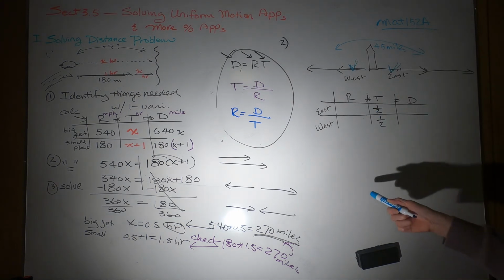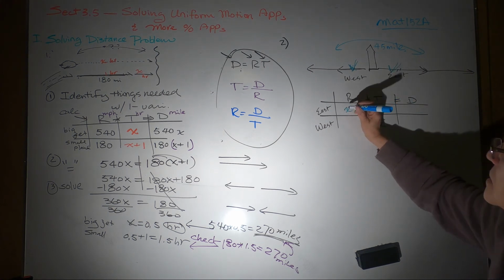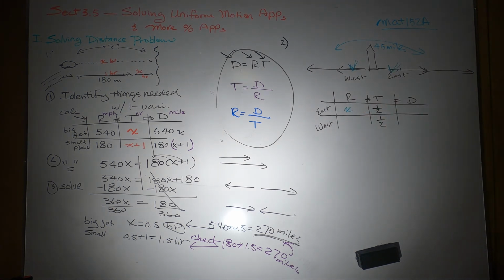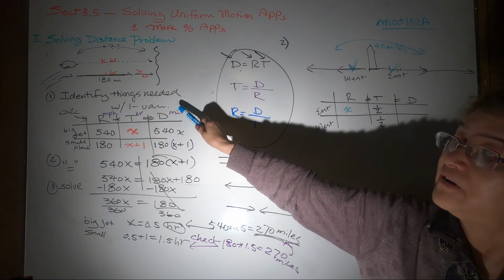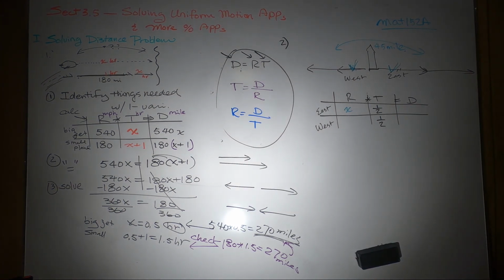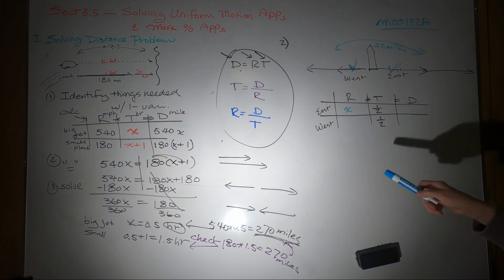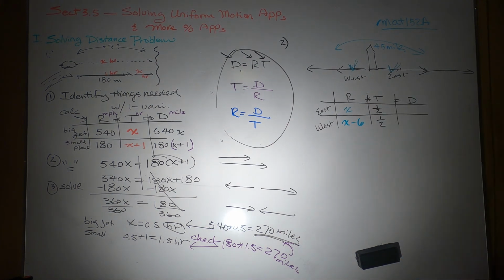We just use x for R, right? So if you say eastbound is x, what do you think the westbound should be? We can only use one variable within this table, right? West is 6 miles per hour slower, so that will be x minus 6, right?